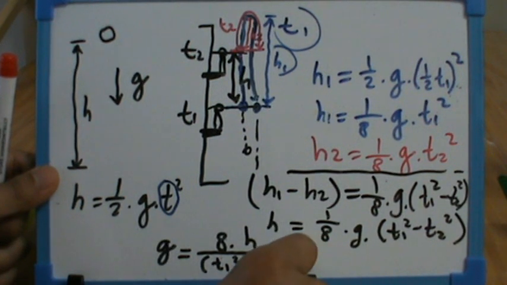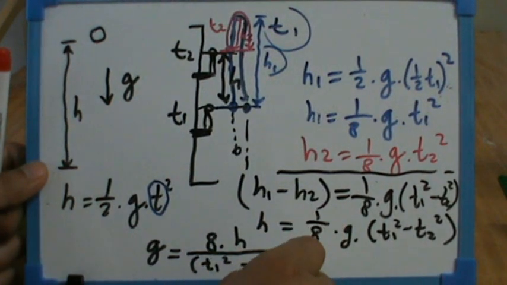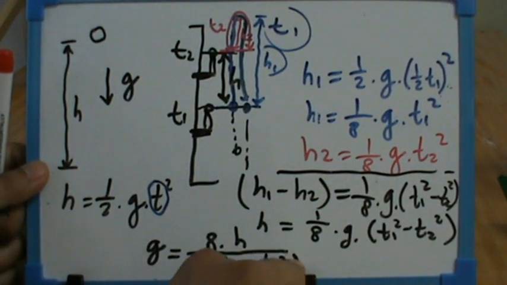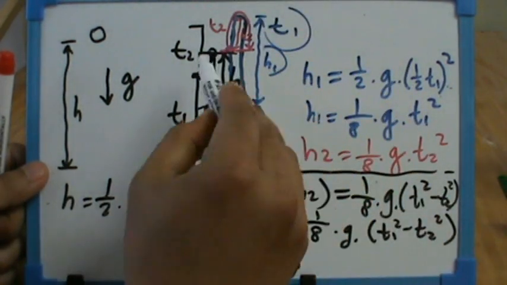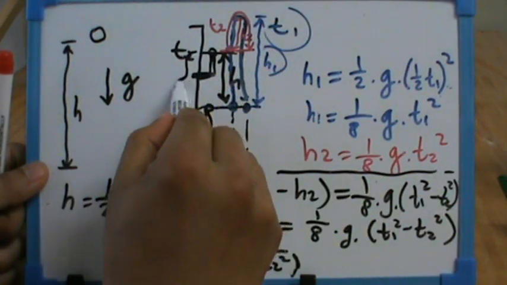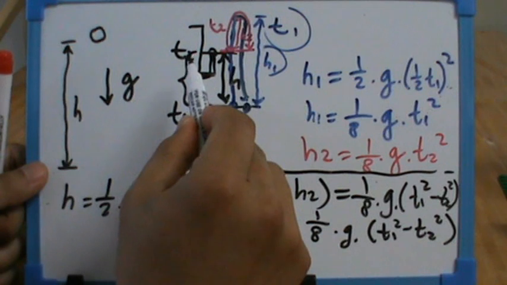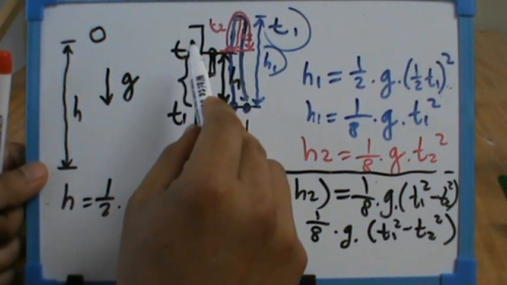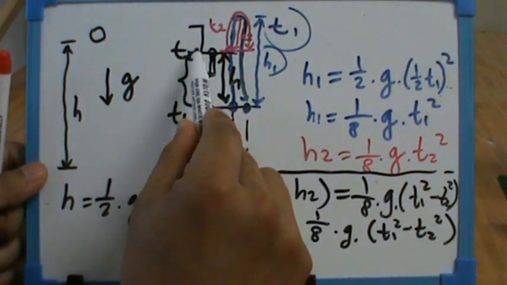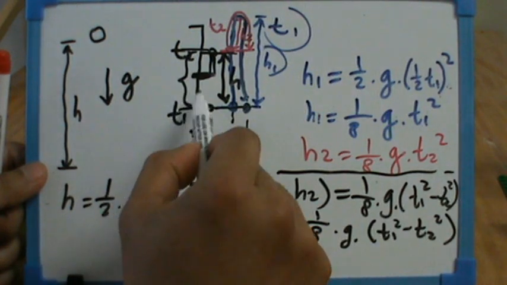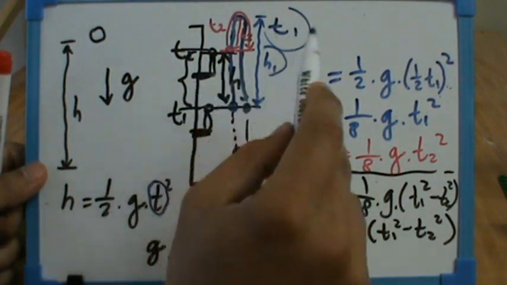So in this experiment, what we will need to have is also the information of the distance between the timer 1 and timer 2. If you want to get more accuracy, you will get the distance between their eyes.